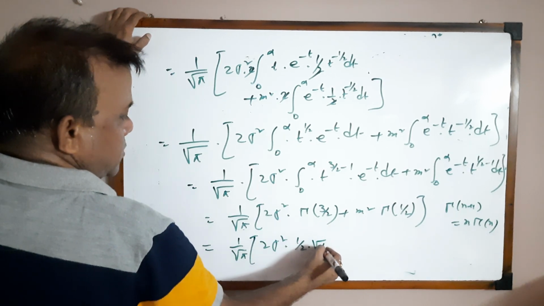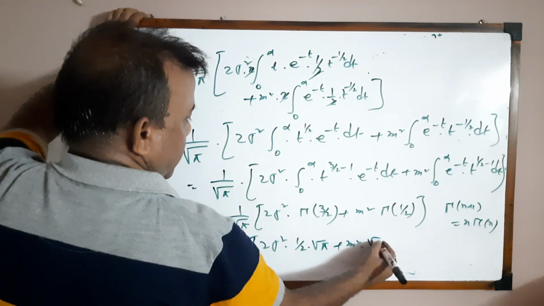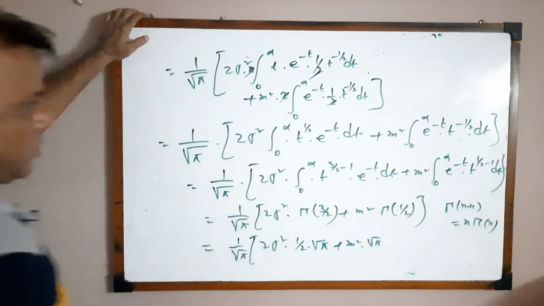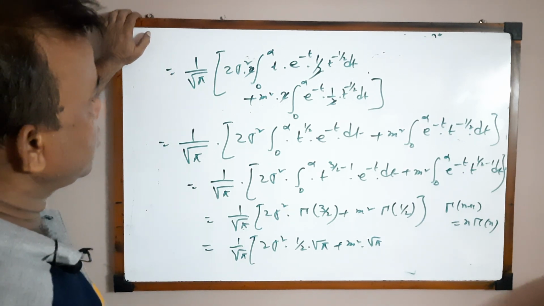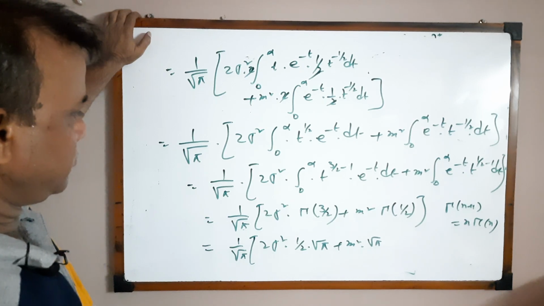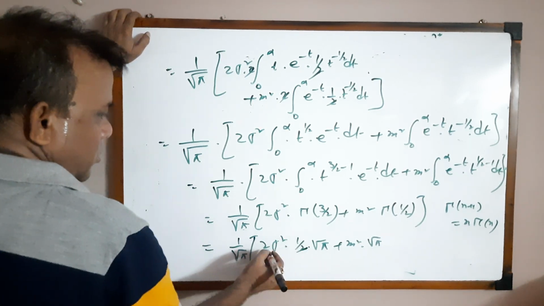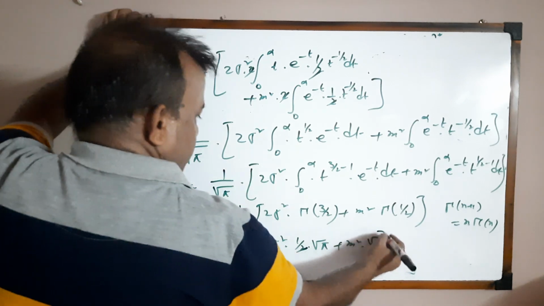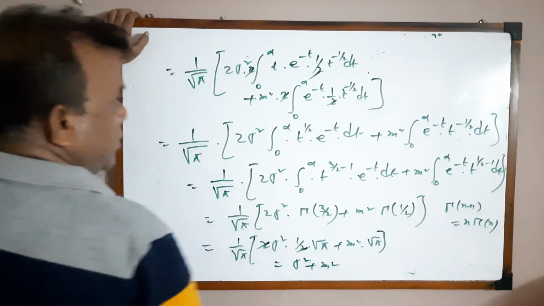Gamma half is equal to root pi, m square into root pi. Therefore sigma square plus m square.